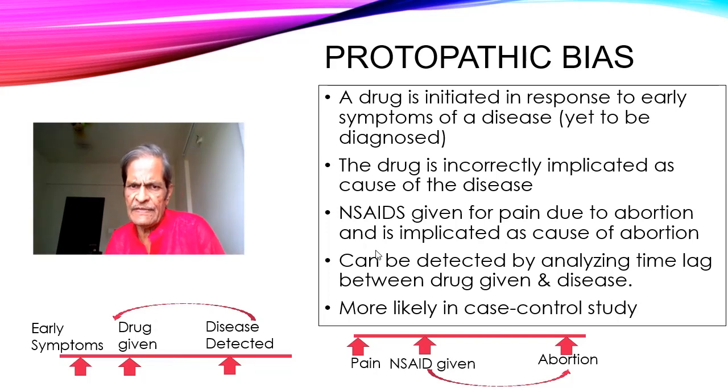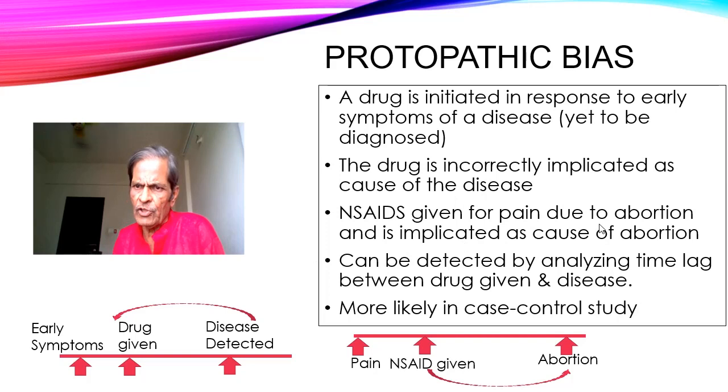The example is of NSAIDs, that is, non-steroidal anti-inflammatory drugs. NSAIDs were given for pain due to abortion. And when case control studies were made for abortion, to find the causal factors and risk factors for abortion, it was found that the abortion patients had a high prevalence of NSAIDs being given during the prior period of the abortion.